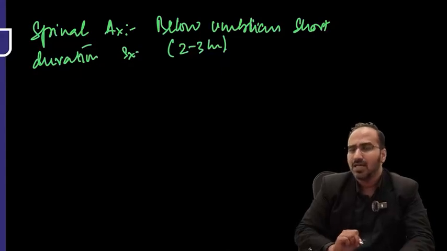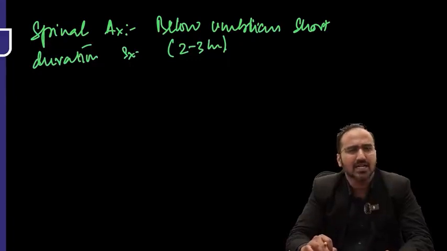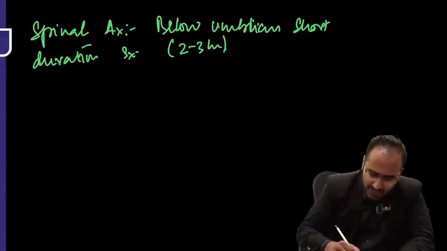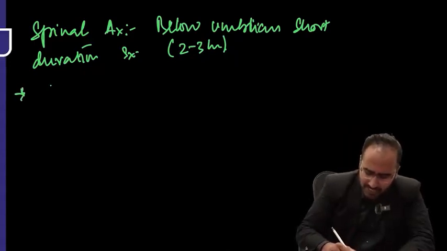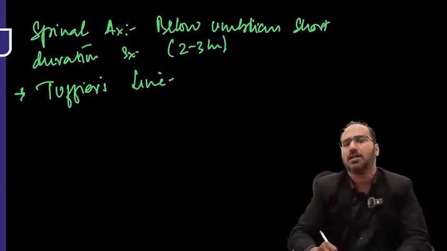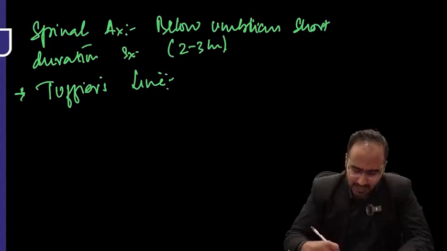In spinal anesthesia, you make the patient sit, then choose a space and introduce a needle. The space is most commonly chosen by locating Tuffier's line, which is a landmark to locate the site for giving spinal anesthesia.